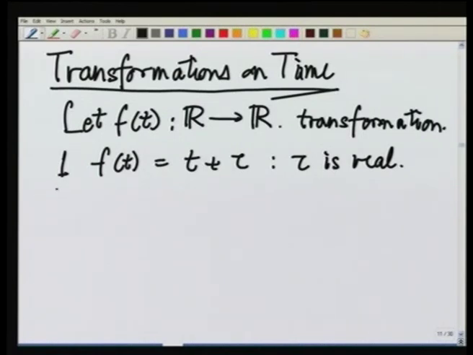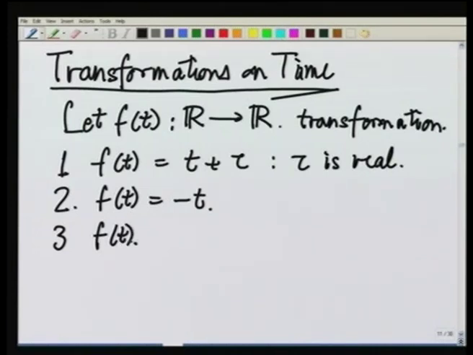The second kind is of the form f of t equal to minus t, a simple inversion of the time axis. The third shall be a scaling of the time axis: f of t equal to a t.